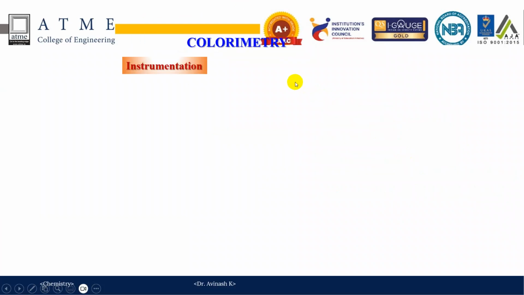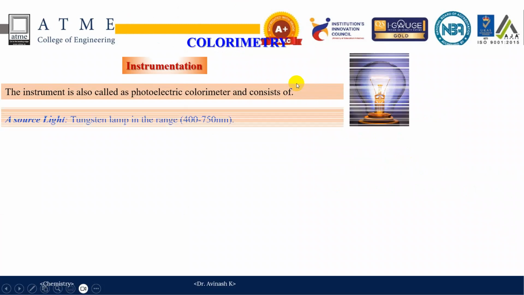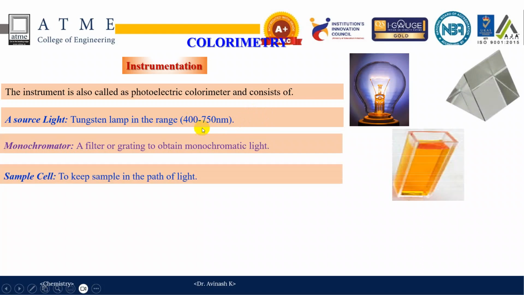Coming to the instrumentation, it consists of the following parts. It is also called a photoelectric colorimeter, also called a spectrophotometer. Mainly it consists of a tungsten lamp which can emit radiations of wavelength in the visible region, that is 400 to 750 nanometer, and a monochromator, which might be a filter or a grating.